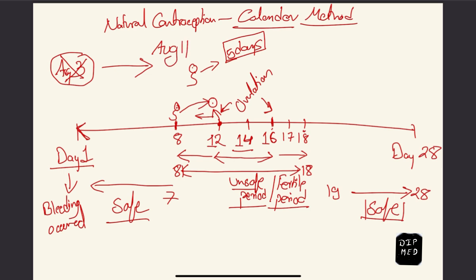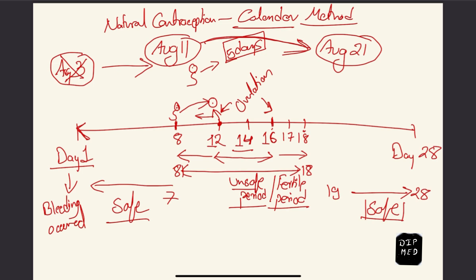From August 11 all the way up to day 18, which is August 21, this period is considered the unsafe period. If unsafe sexual intercourse takes place between August 11 and August 21, there is a chance that the female will get pregnant. So that's the calendar method.